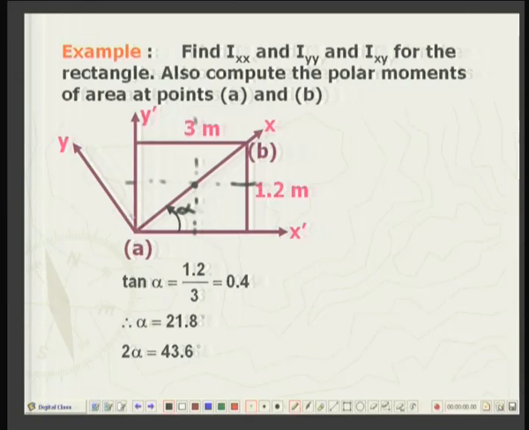Now, to calculate the second moments and product of area about x dash and y dash coordinates, the second moment of area about the axis passing through the centroid can be obtained from handbooks or it can be very easily calculated. Namely it is BD cubed by 12, where B is the width and D is the depth, cubed, divided by 12.